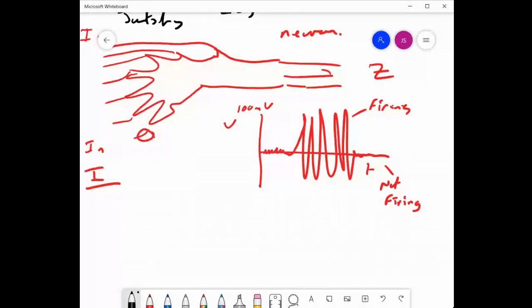If we have essentially a 2-state activity, why not call this naught, and why not call this 1? So firing is state 1, and not firing is state naught.